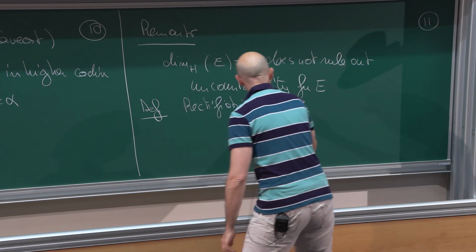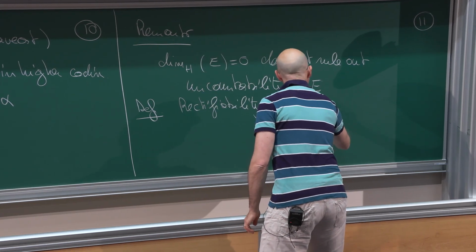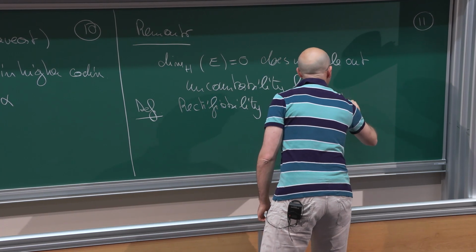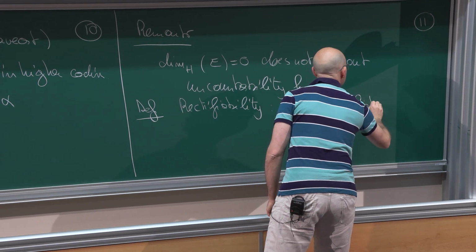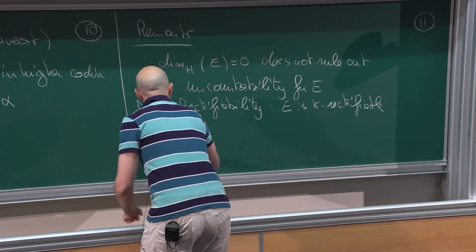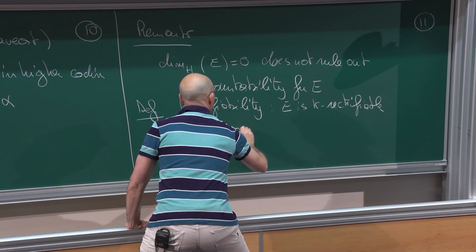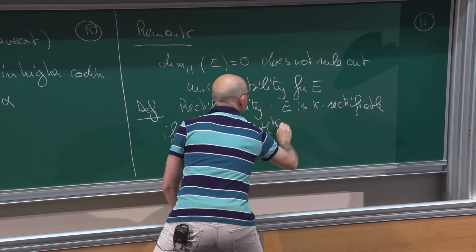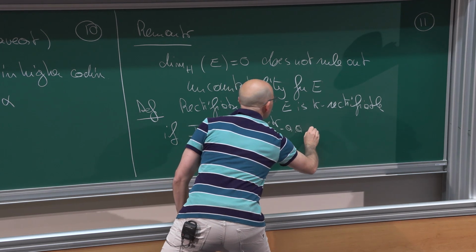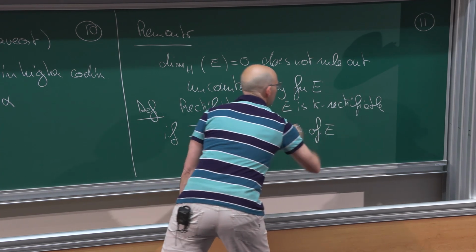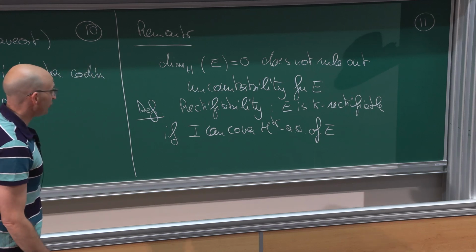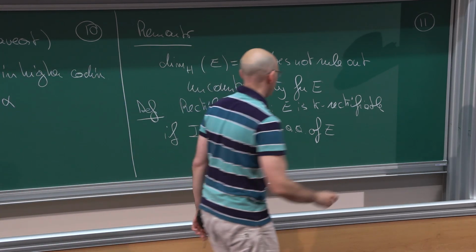So E is rectifiable, or is k-dimensional rectifiable, if I can cover H^k-almost all of E with countably many C1 surfaces of dimension k.